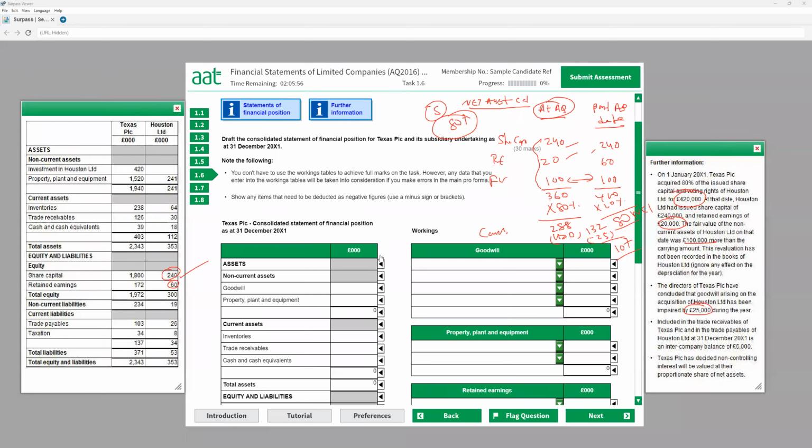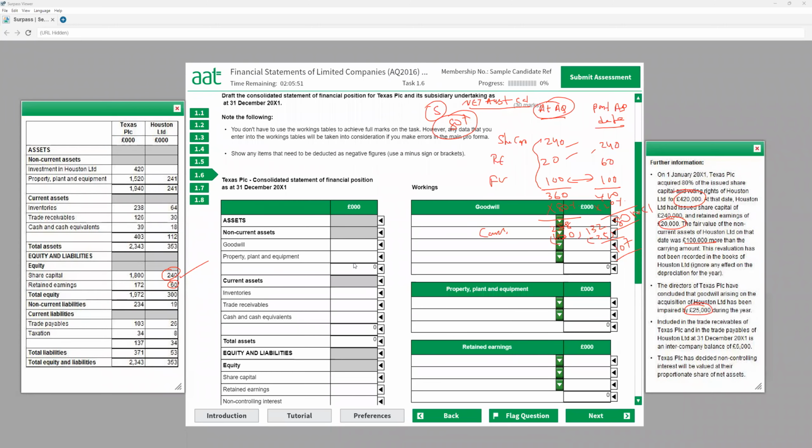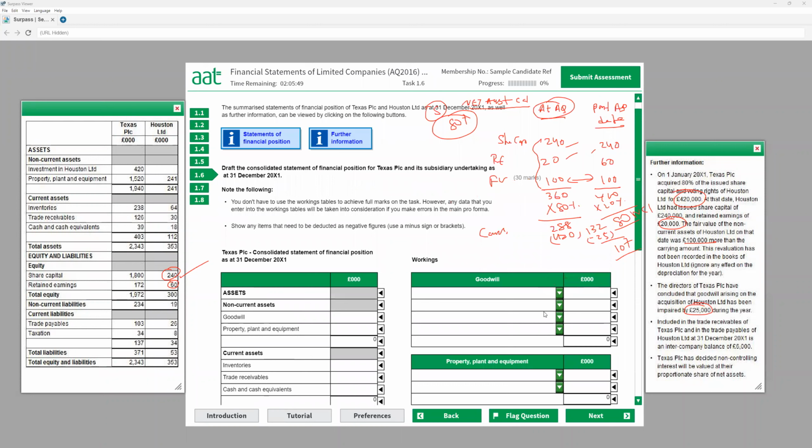All right. So once our working is done, our life would be very easy. Let's start with the goodwill workings first. We just follow the template. So consideration is 420. Then non-controlling interest on acquisition, this is 72.